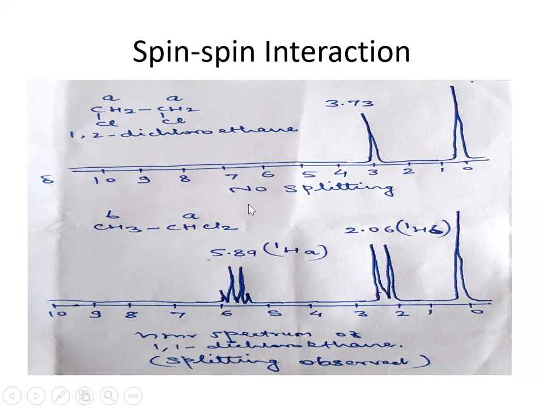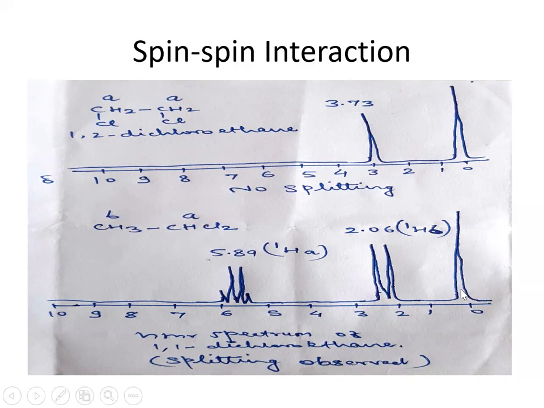1,1-dichloroethane. Here we get two NMR signals because two types of protons are there. These protons are A-type protons and these protons are B-type protons. So the position of the signal in the NMR spectrum will be different for both types of protons.